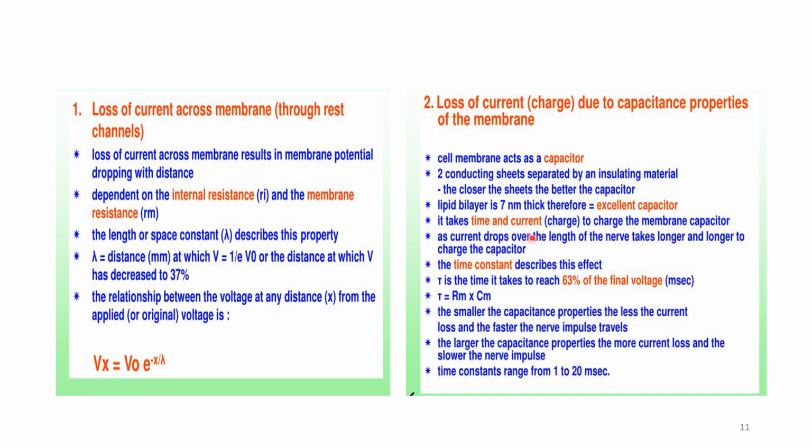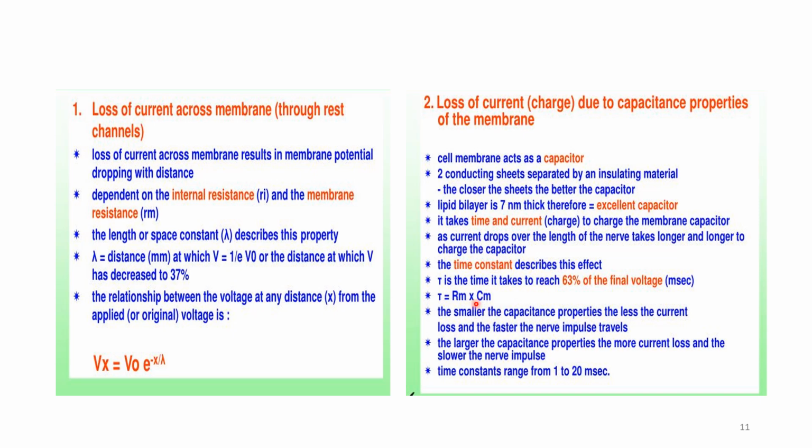It takes time and current to charge the membrane capacitor. So we want some time to be given, and we need to give some current or charge to charge our membrane capacitor. As current drops over the length of the nerve, it takes longer and longer to charge the capacitor.